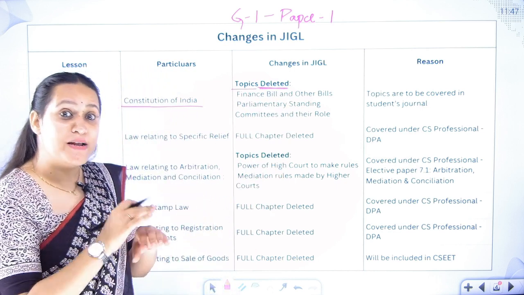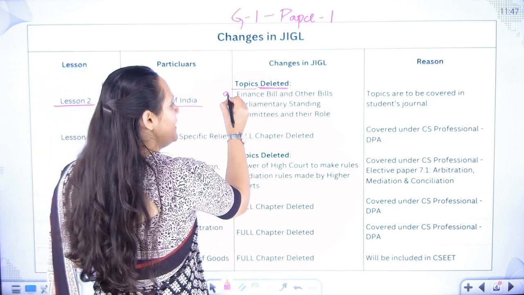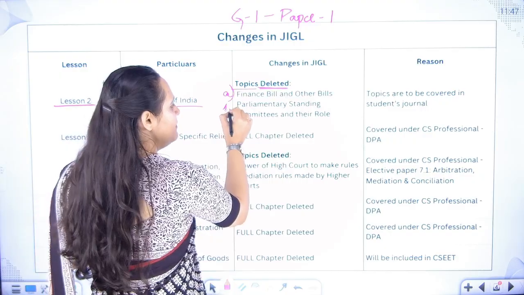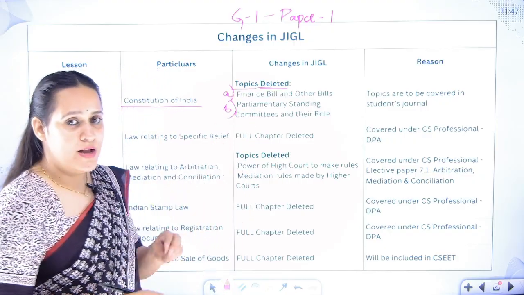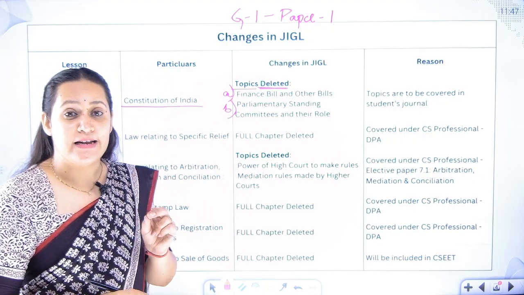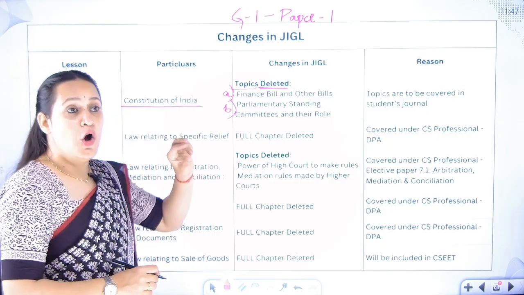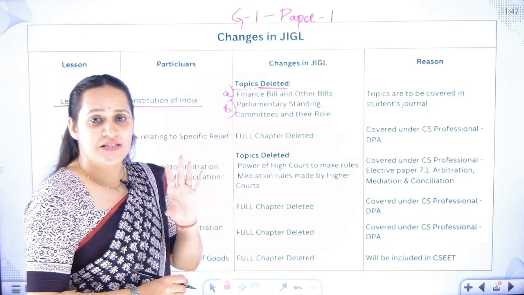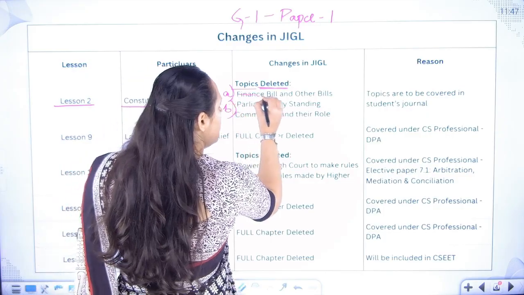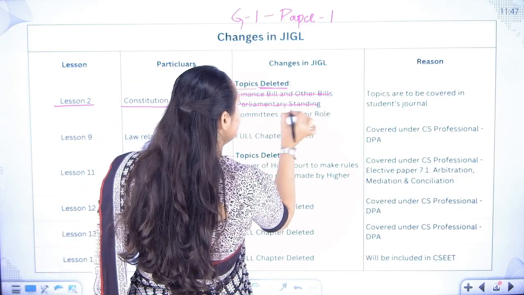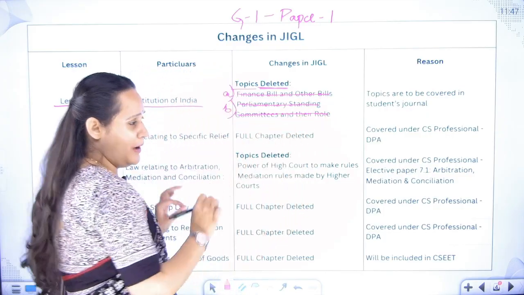What are the topics that have been deleted? Finance bill and other bills, and Parliamentary Standing Committee and their role. These 2 topics have been deleted from the Constitution chapter. All other contents will remain the same. So only 2 concepts have been deleted from the Constitution chapter.